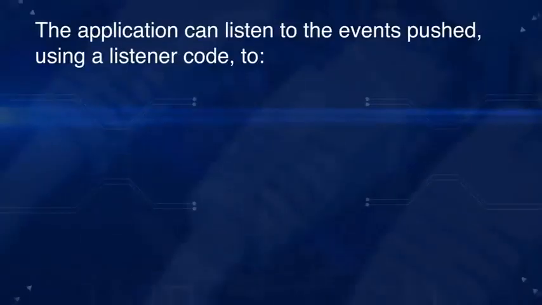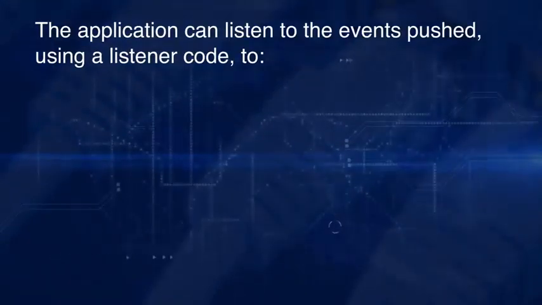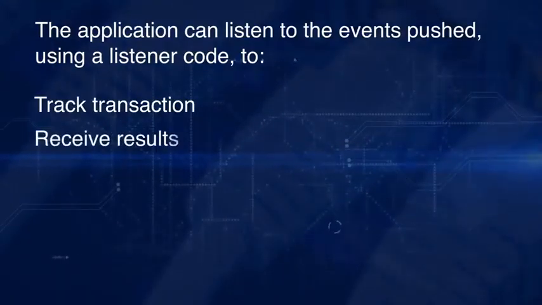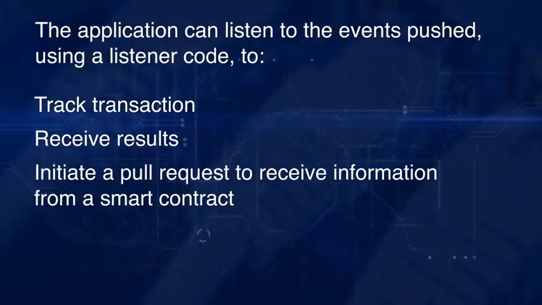The application can listen to the events pushed using listener code to track transactions, to receive results through parameters of the event, or to initiate a pull request to receive information from the smart contract. We'll explore these event handlers in the next course when we discuss decentralized apps, DApps.